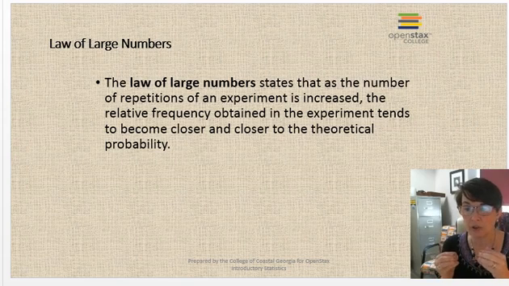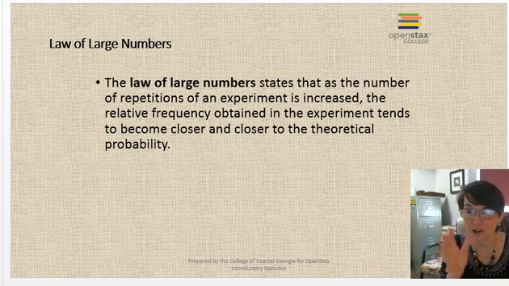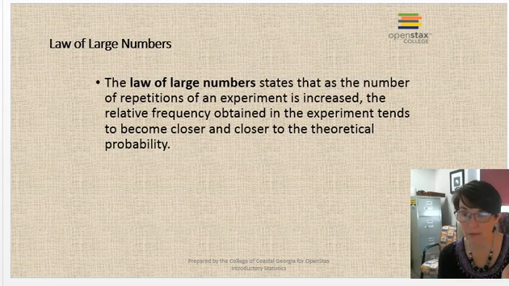And the law of large numbers means if I were to perform that experiment a large number of times, millions of times, then the results will get closer to the theoretical probability. In some textbooks, it talks about theoretical probability and experimental probability, which is what actually happens. As we do it multiple times, we are going to approach that.